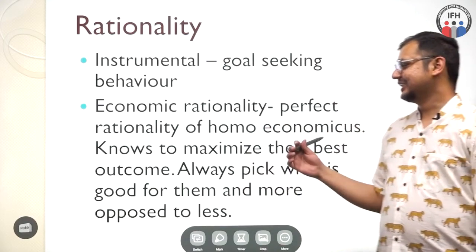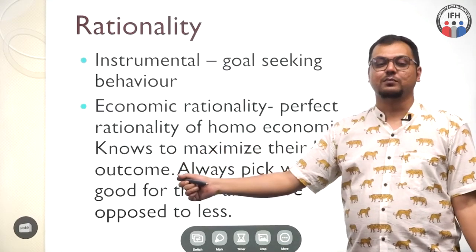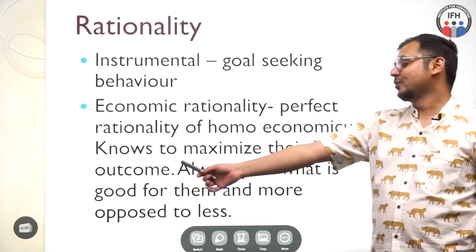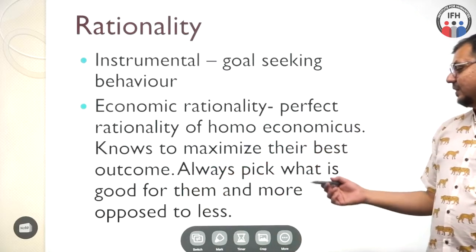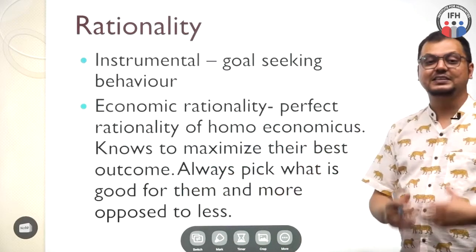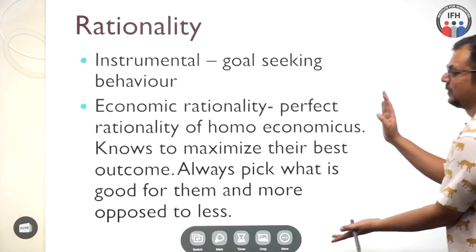This agent knows how to maximize their best outcome when dealing with choices around scarce resources. They always pick what is good for them and understand more as opposed to less. This is what we define as economic rationality.